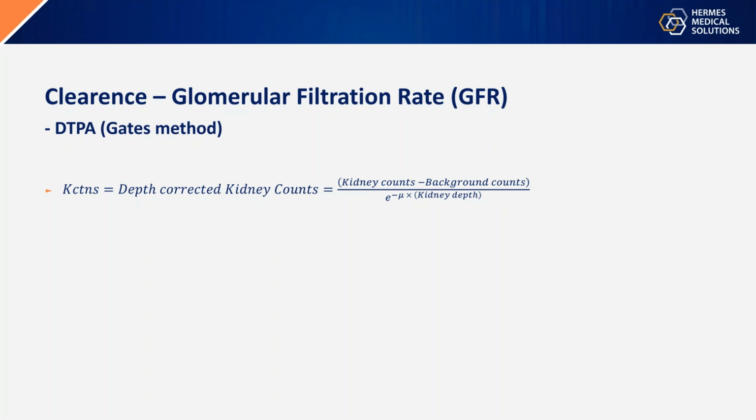Meaning that we need the blood activity curve, we need the kidney ROI, the backgrounds for subtraction. We also need the depth of the kidneys because we need to know how much activity was attenuated. Meaning that we need either to measure this, or more commonly, we can use a model based on the gender of the patient, its height, and its weight.